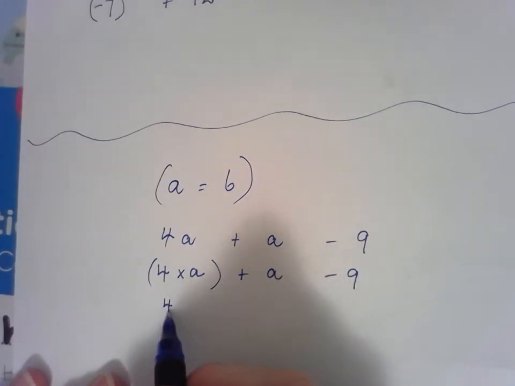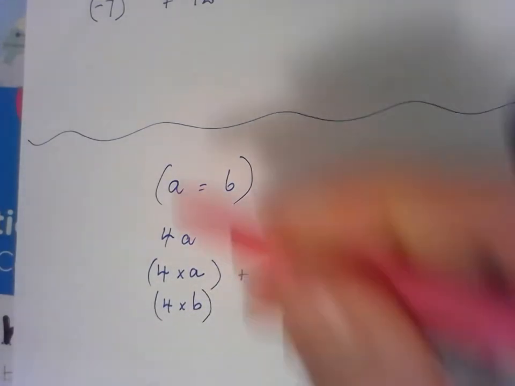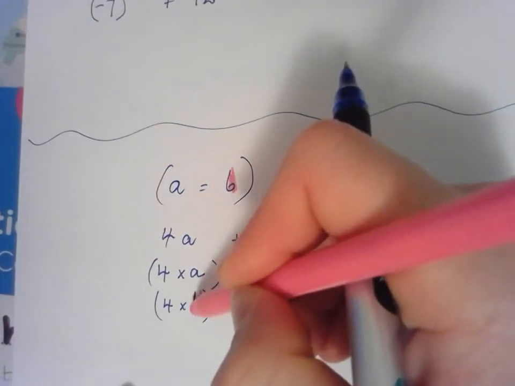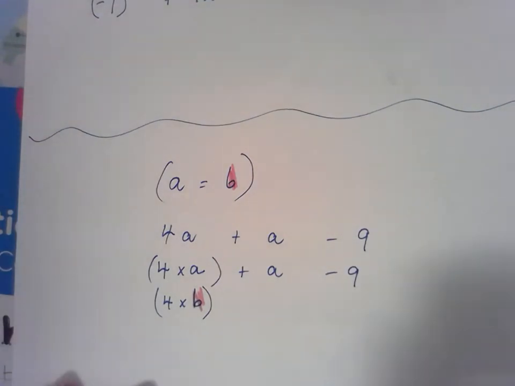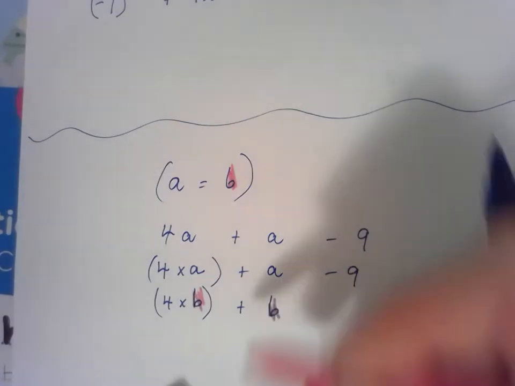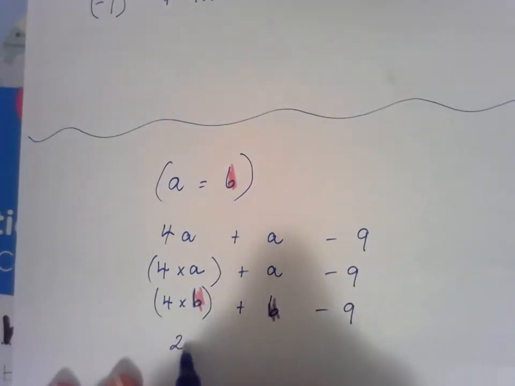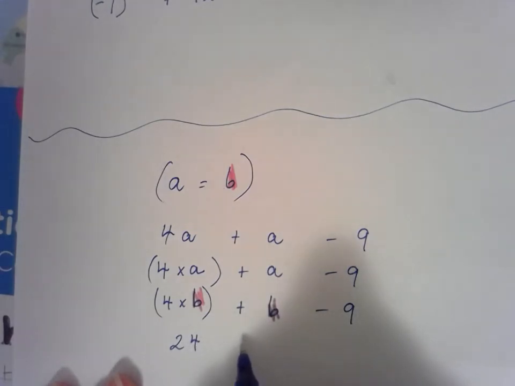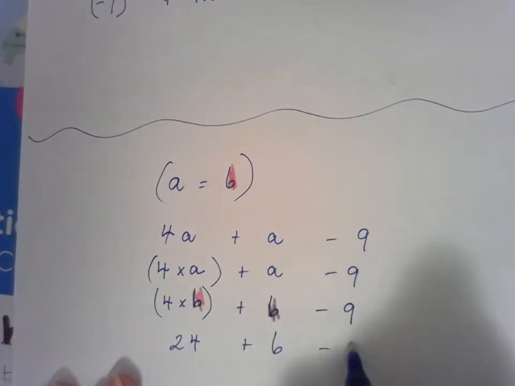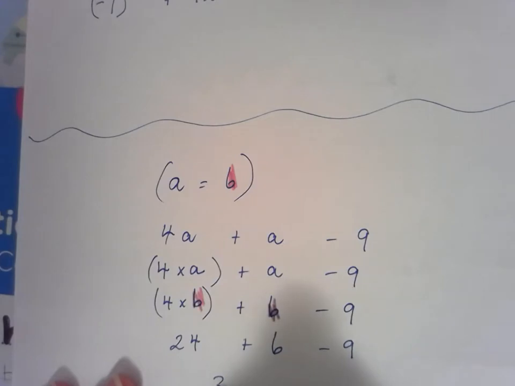So it's going to be 4 times 6 because of our 6 up here. Plus 6 again, take away 9. 4 6s is 24, plus 6, take away 9, so that's going to be 30 there, take away 9, gives us an answer of 21.